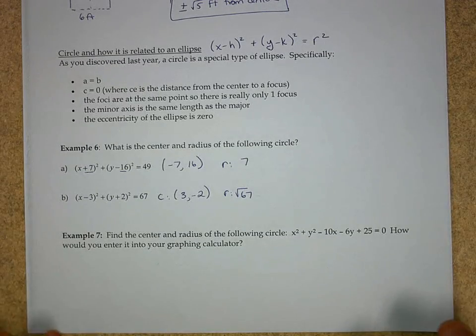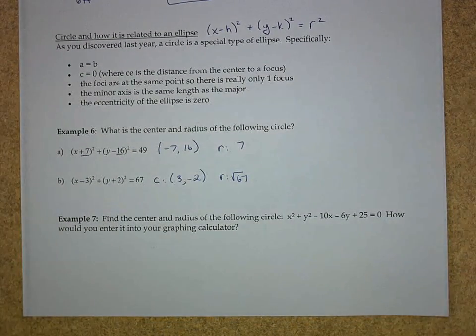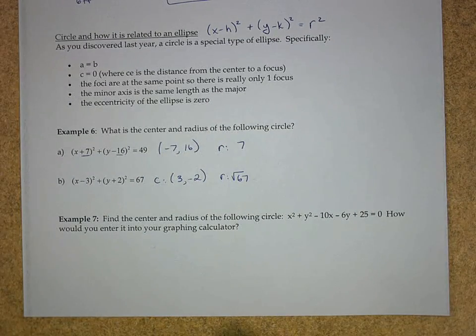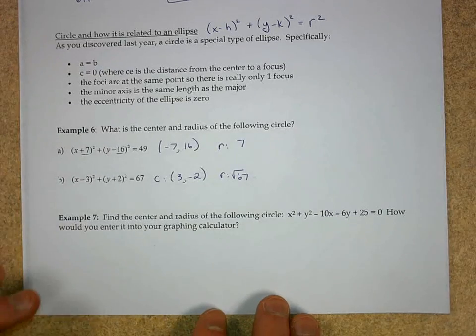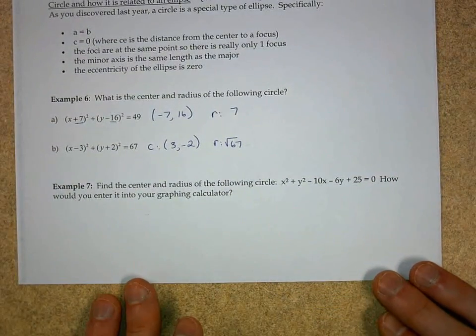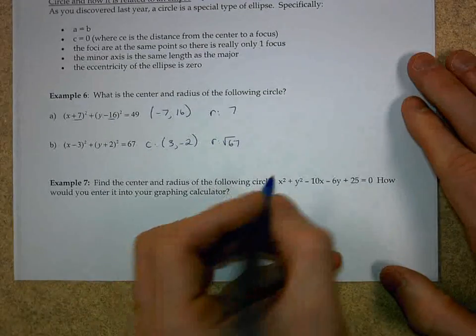Now, if you have something that is not in standard form and I want to know what the center and radius are going to be, I need to complete the square. And that's what we see in example number 7. Find the center and radius of the following circle, and how would you enter it into your graphing calculator while we're in rectangular format. So for this, I first need to complete the square.